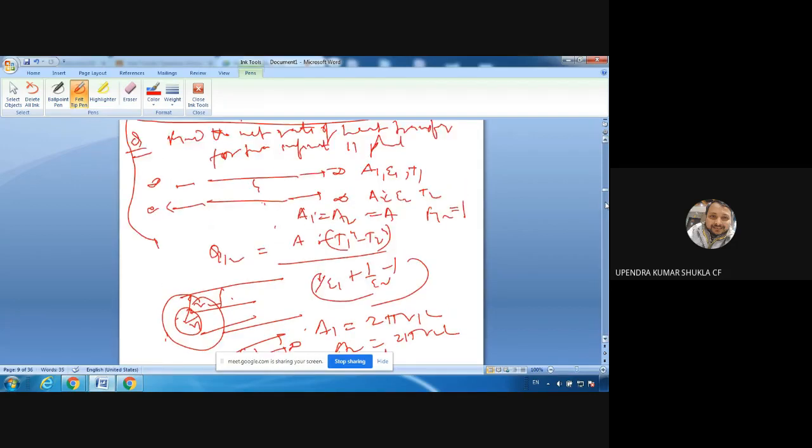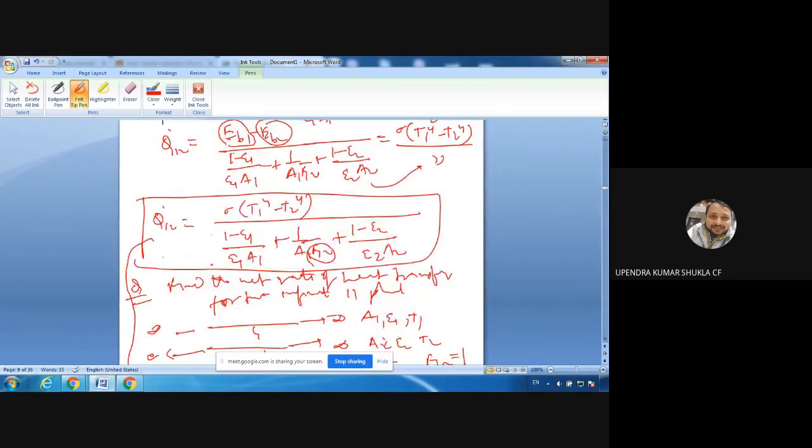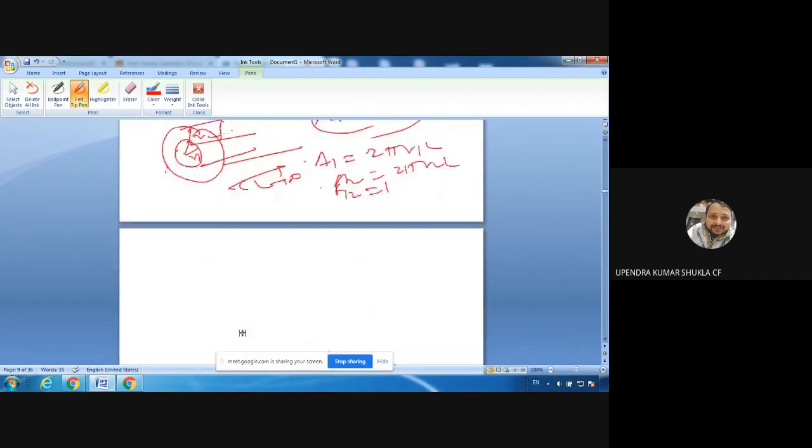Once you put A1, A2 and F12, you will get Q12 dot is equal to A1 sigma (T1 to power 4 minus T2 to power 4) divided by 1 upon epsilon 1 plus (1 upon epsilon 2 minus 1) times R1 by R2.